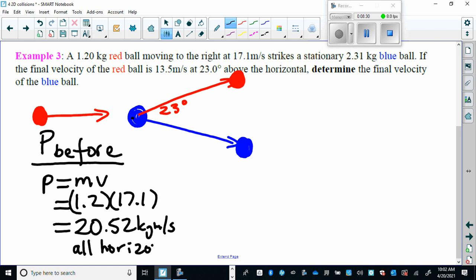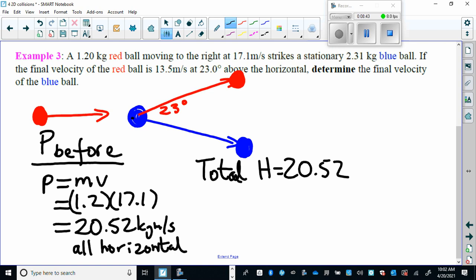So in other words, before the collision, the total horizontal component, and I'm just going to put total H, equals 20.52. The total vertical component before the collision equals 0.